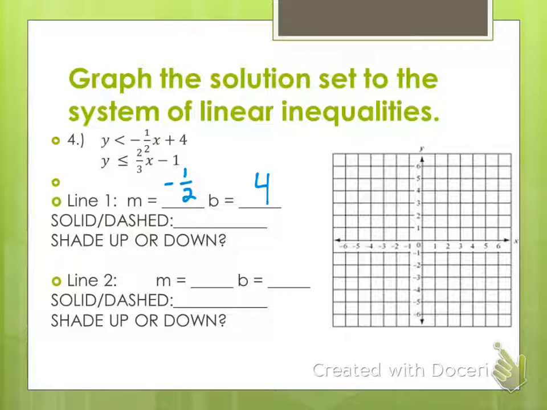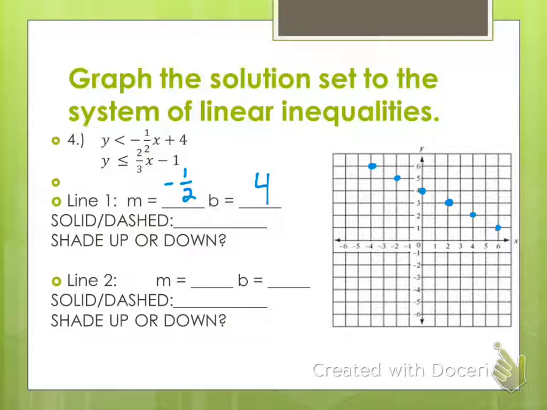We start our graph up at +4. -1/2 means we can either go down 1, right 2, or where could we go? Anybody? Down and to the right or up and to the left. So we can do that a couple times in both directions.